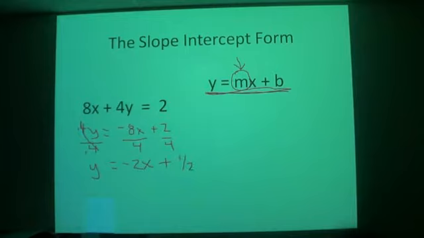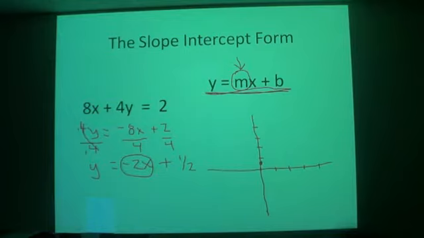And so what this tells me is, if I have the Cartesian coordinate system, if x is 0, in other words, x is 0 right here, what is y? y will be a positive 1/2. Because see, if x is 0, this whole thing becomes 0. If x is 0, y is 1/2. So there's where I cross the y-axis.